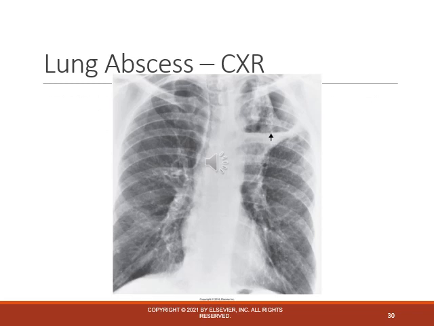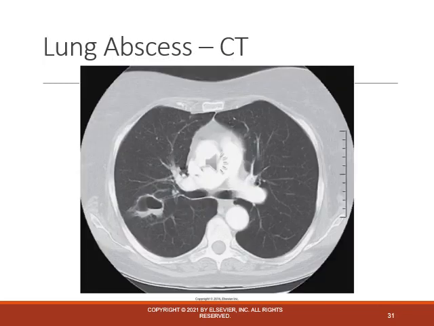Here is an example in the patient's left lung apex of an abscess, and you'll notice that it's surrounded by a fibrous capsule, and it has an overall spherical type shape. Here's an example of the patient's right lung abscess, and you'll see again it has a spherical shape.